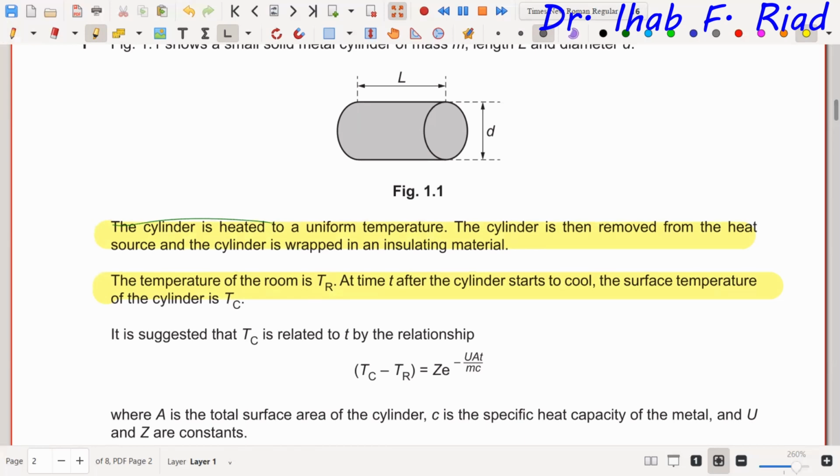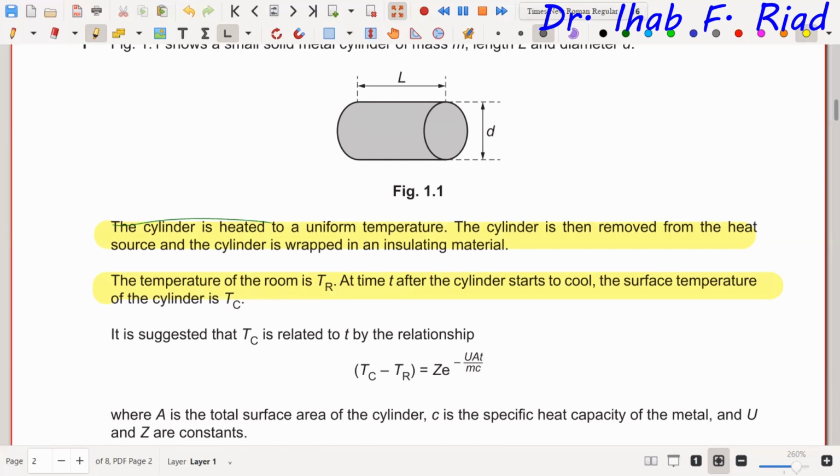The cylinder is then removed from the heat source, and the cylinder is wrapped in an insulating material. The temperature of the room is TR. At time T, after the cylinder starts to cool, the surface temperature of the cylinder is Tc. Okay. So how do you think they are going to proceed with this experiment? If you are asked in a lab to carry out this experiment, what will you do?